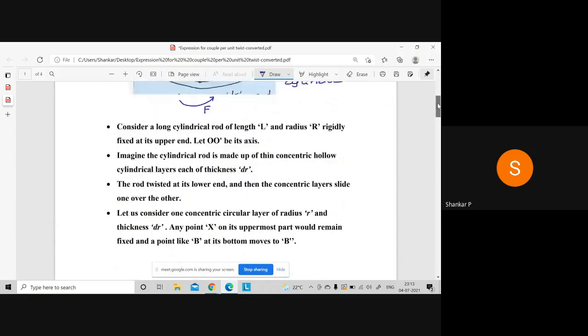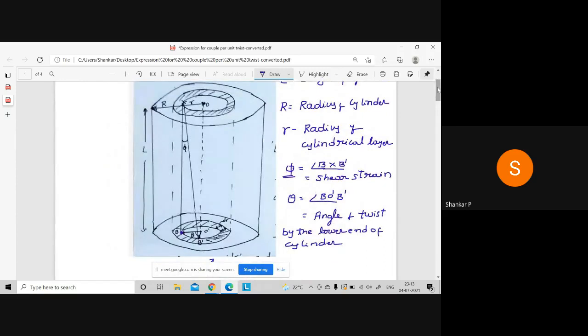In order to derive that, let us imagine the cylinder as made up of a large number of concentric cylindrical layers, each of thickness dr. One such concentric cylinder is being considered whose radius is small r.